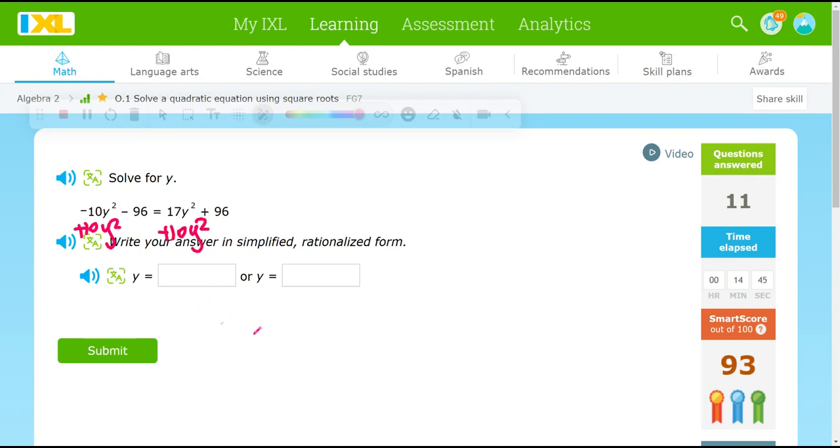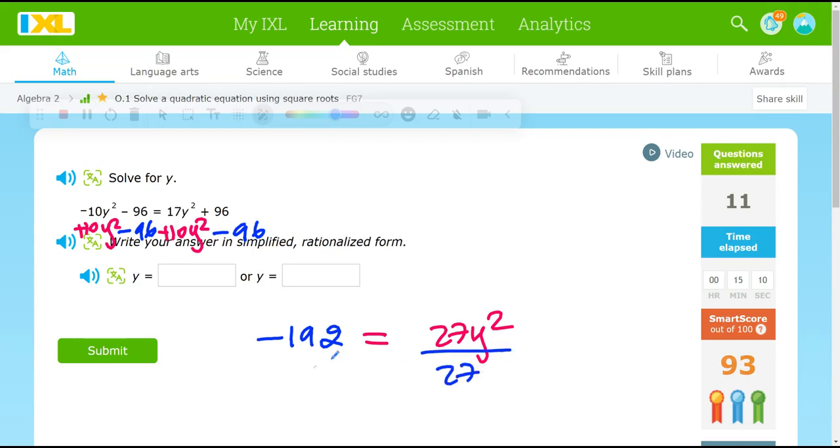So you can see on the right side you come out with 27y squared. You don't want 96, so I would subtract 96 on both sides. So the left side comes out at negative 192. And then you want to solve for the y squared, you divide 27 on both sides.